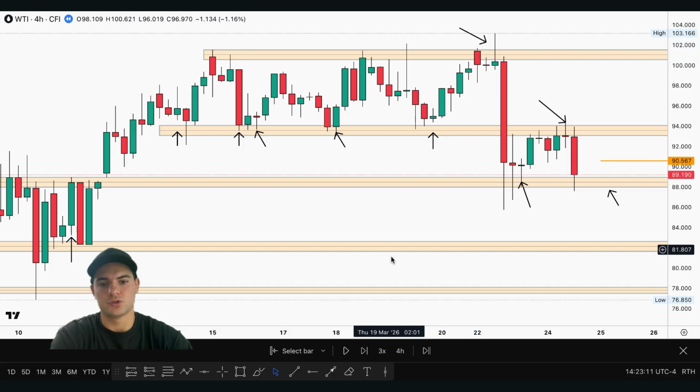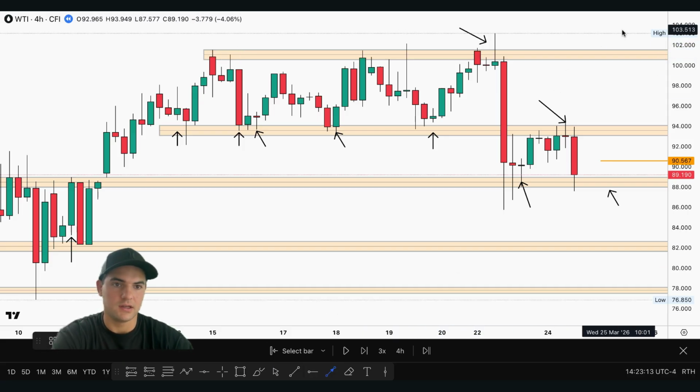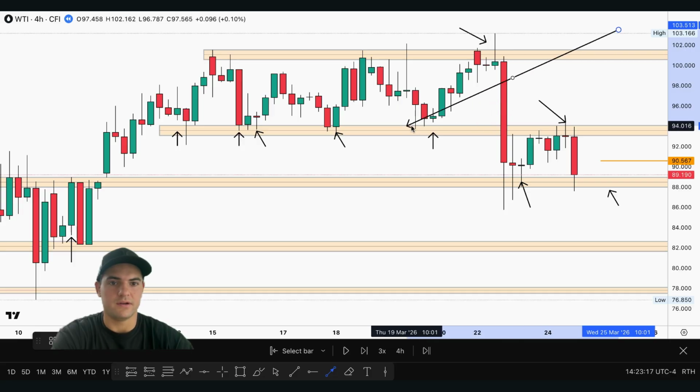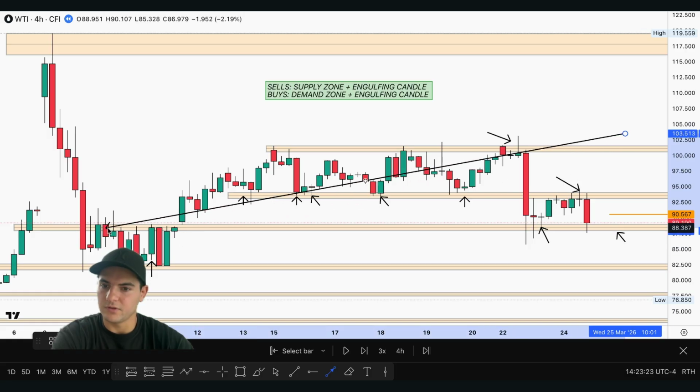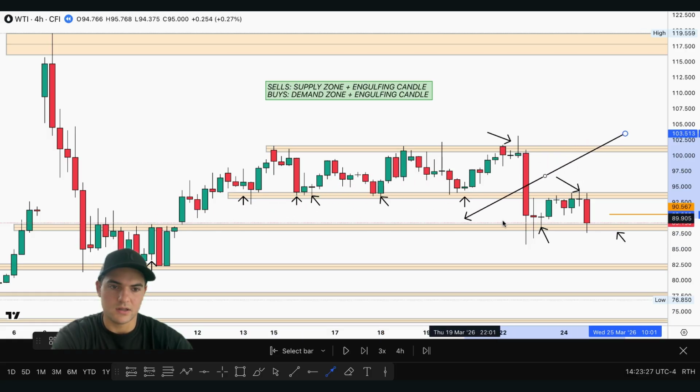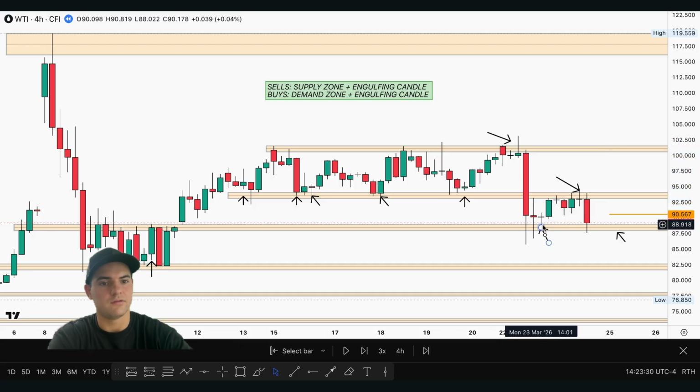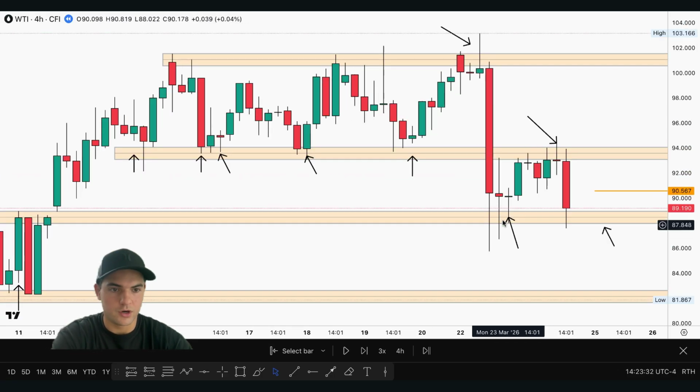And then of course, once you have a resistance respected, the next target is all the way down to support at around 93, 94 right here. We broke below it, and where do we look? We look at the previous level on the left. That's the resistance level right here that we maintained, created a level of support at 88, 89.